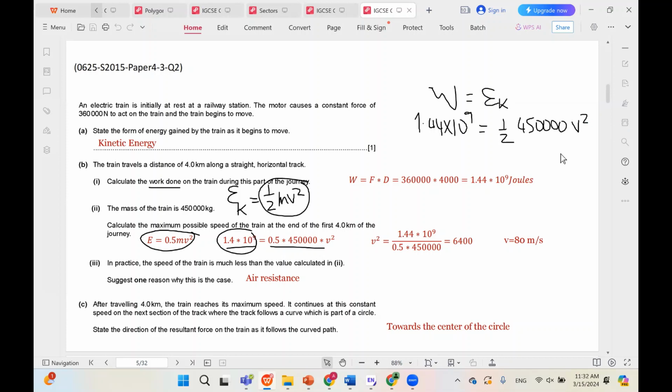So we can simply find v squared by taking everything to the left-hand side. And we get 1.44 times 10 to the power of 9 over 0.5 multiplied by 450,000. So we transferred these numbers to the left. Now we have v squared equals this fraction, and we can calculate v, which turns out to be 80 meters per second.